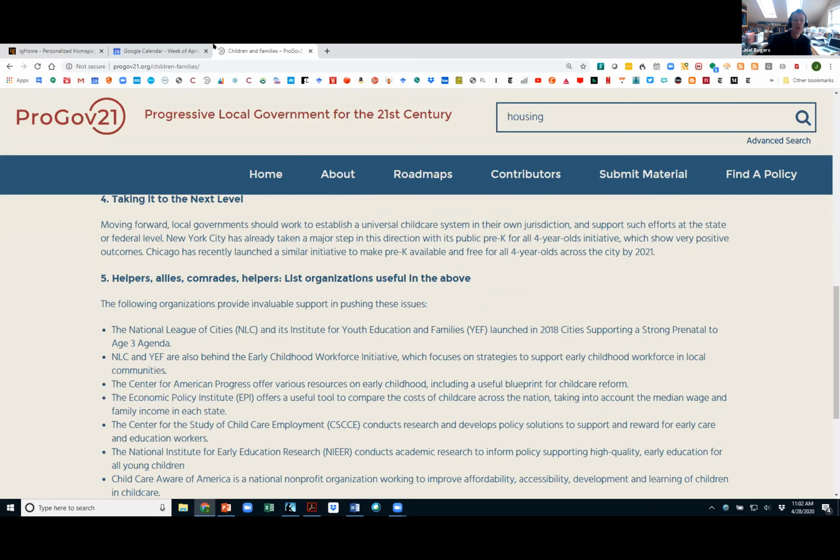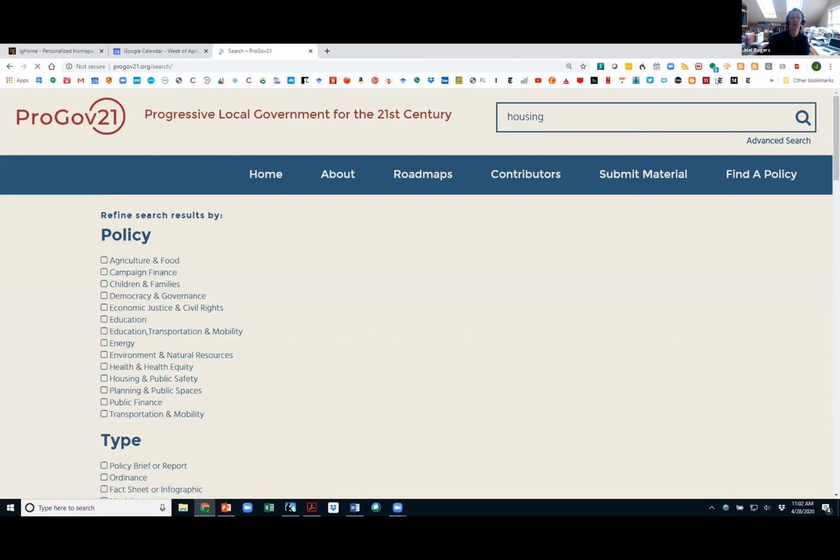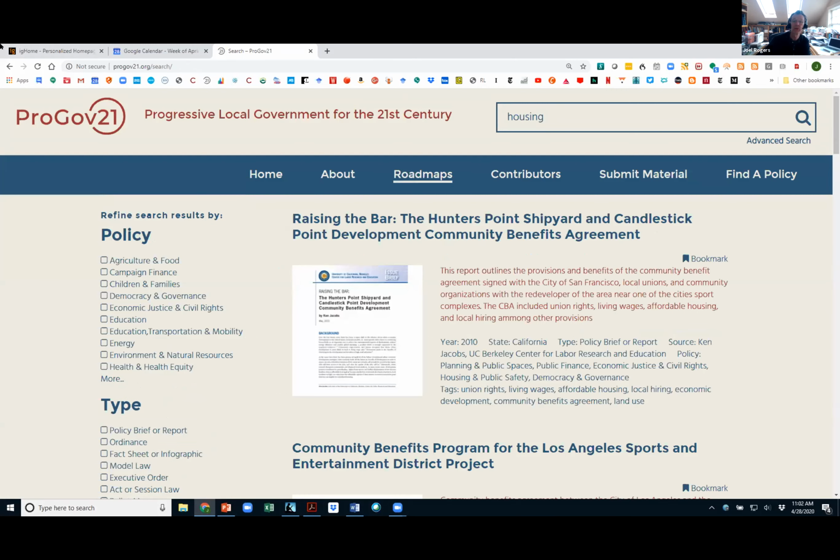Okay. There's an opportunity to search for stuff. I don't know why housing's up here, but let's search on housing. That's a common area. Okay, so here you have tons of stuff on different housing things. Let's take something I just searched on this morning, a problem that I have in my hometown, which is Madison, Wisconsin.